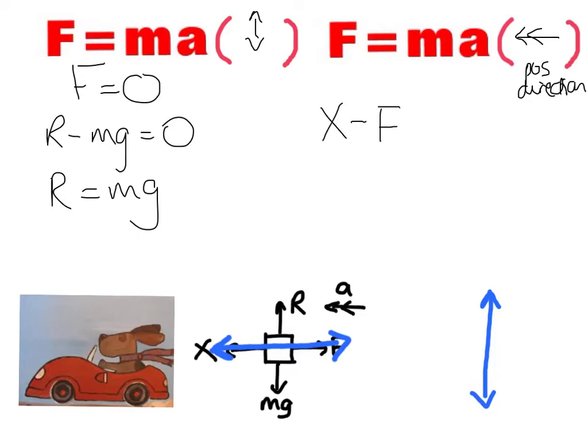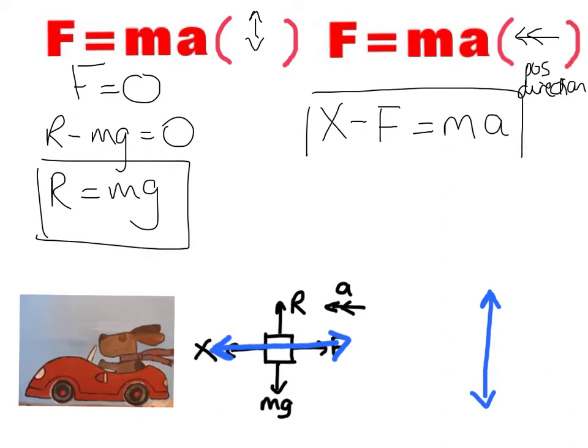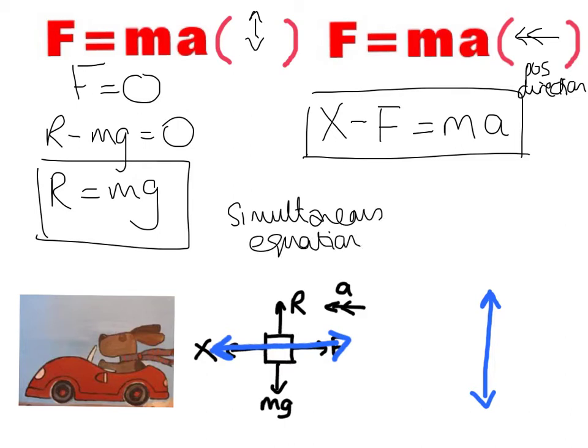So this is the net force in the direction of the acceleration, and that will equal the mass, m, times the acceleration, a. So now I've got these two equations, and usually what happens at this stage is that we do simultaneous equations to solve them. But I'm going to do that in a later video. This is just how to set up your equations from your resolved force diagram.